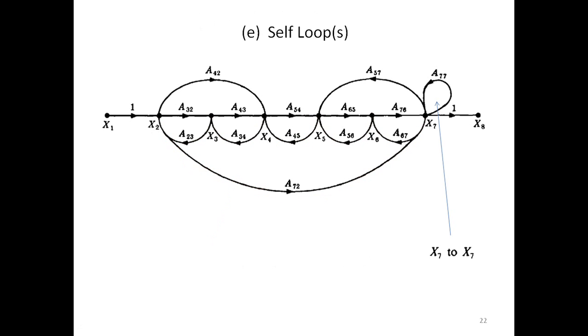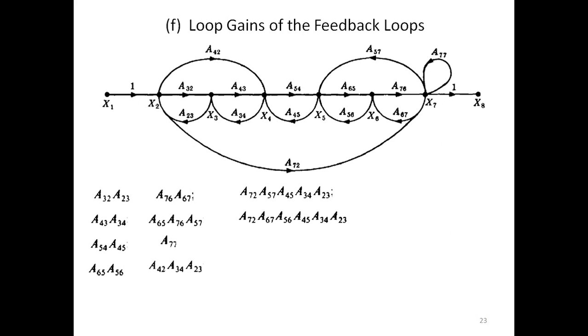So self loops, there is only one self loop, that is x7 to x7 only. So loop gains. So total how many loops are there? Total 1 2 3 4 5 6 7 8 9 10. So total 10 loops are present in this signal flow graph.